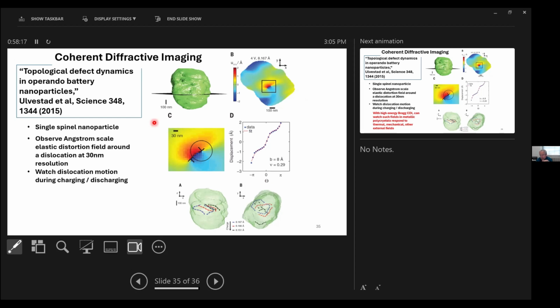We can see spots from individual nanocrystals, and I believe that we can determine centers of mass of those grains by using that near field, quote unquote, data. It's just a matter of the precision of back extrapolating to figure out where the grain is.